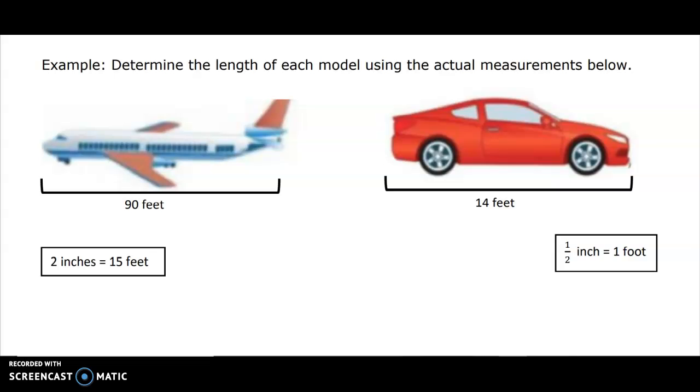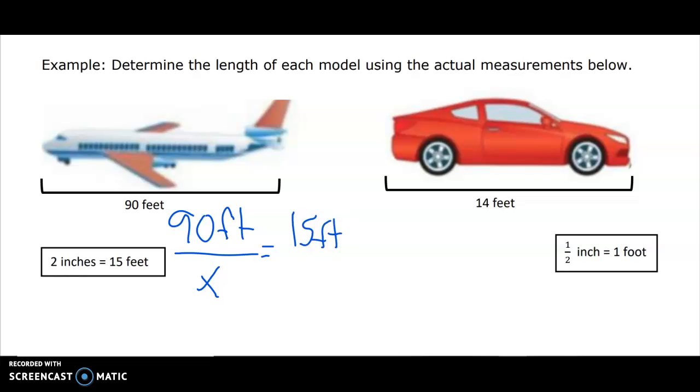Determine the length of each model using the actual measurements below. And so I know my plane is 90 feet. So I'm going to match up my 90 feet. And I don't know how much my model is going to be, but I do know that 15 feet, notice my feet are on top, and my inches is 2 inches.